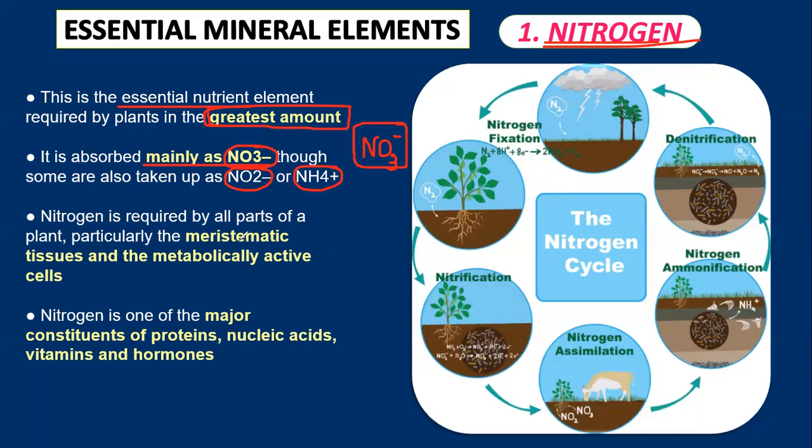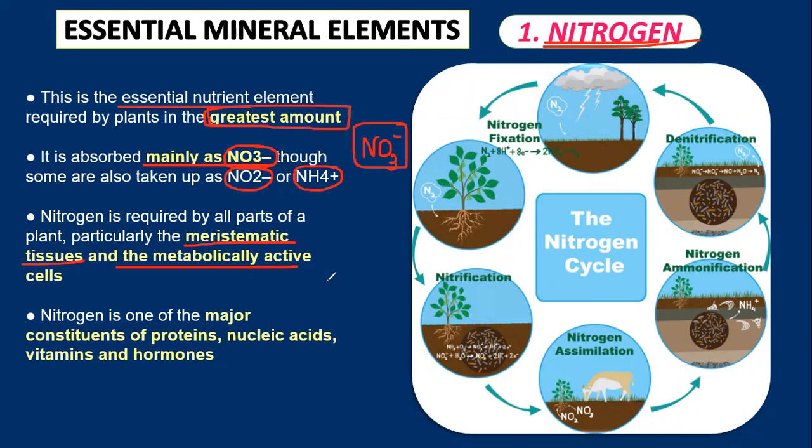Nitrogen is required by all parts of the plant, particularly the meristematic tissues and the metabolically active cells. So in the examination, a question may come like: name the mineral element which is required by the meristematic tissues of the plant and metabolically active cells.